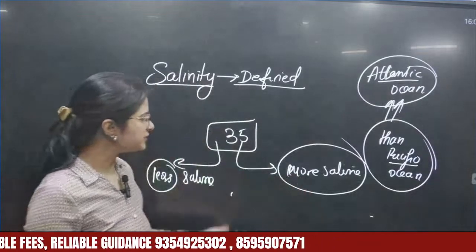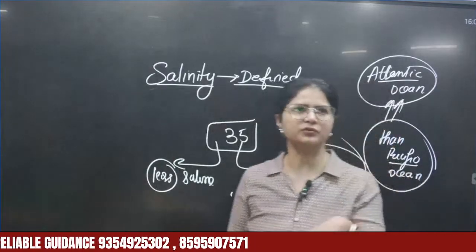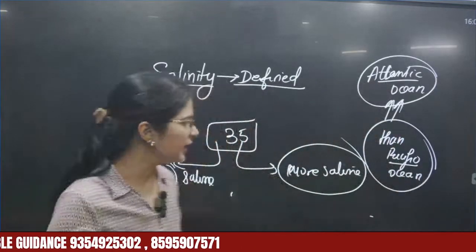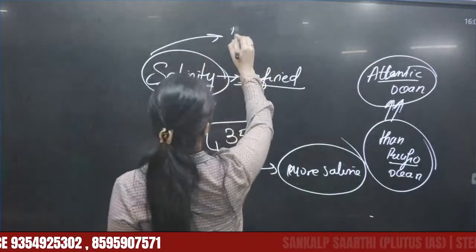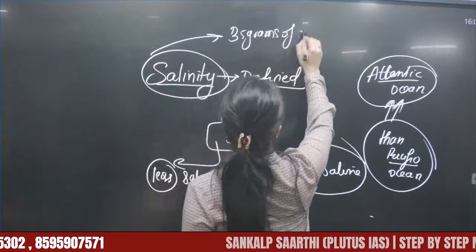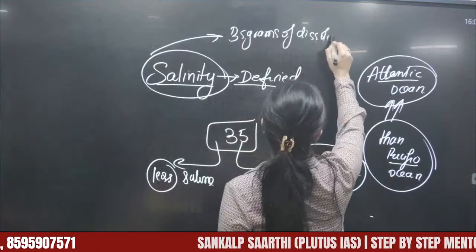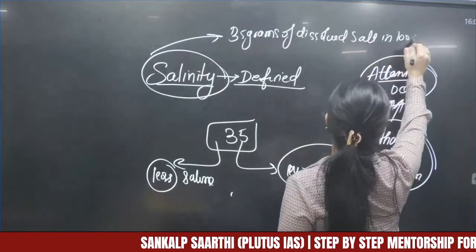So for me, salinity is how much amount of salt is present in 1000 grams of water. If I have to define salinity, in simple words it is 35 grams of dissolved salts in 1000 grams of water.